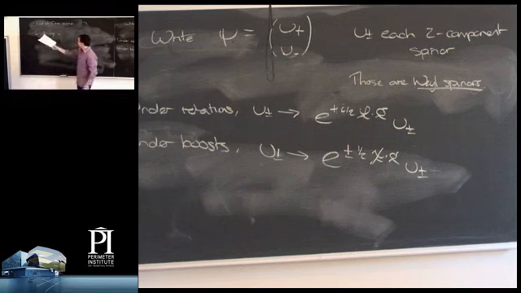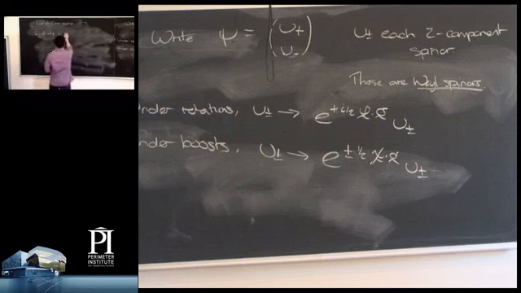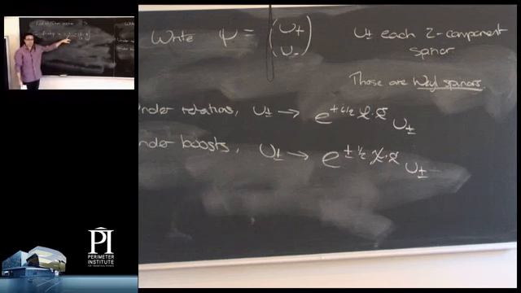Okay, so this is the Dirac Lagrangian. If we write this out in terms of the u's, okay, this is psi bar. Okay, this is psi dagger, and psi bar is psi dagger times a gamma 0. So this is gamma 0.